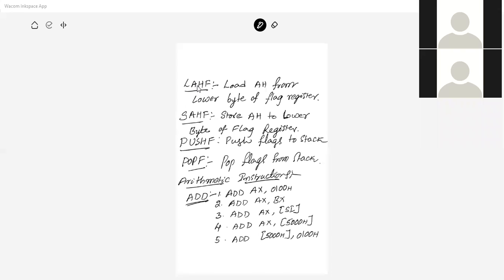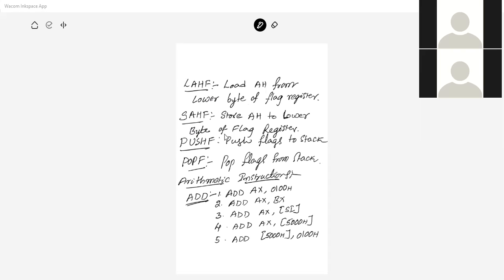AH is an 8-bit register, and the lower byte is 8 bits, so we copy the lower byte of the flag register into the AH by using LAHF.